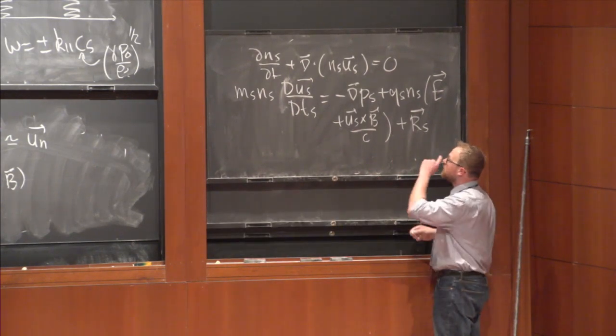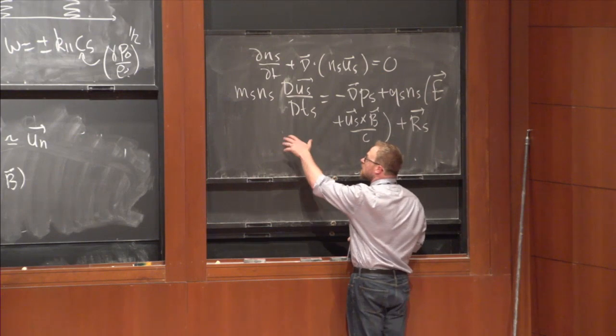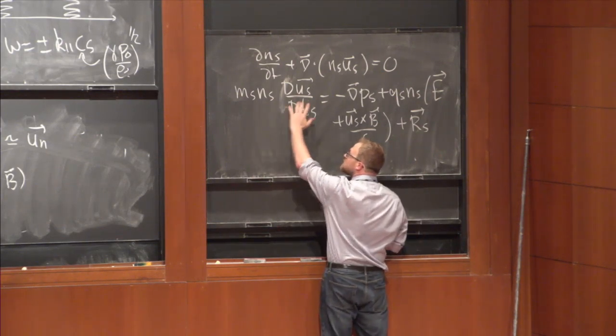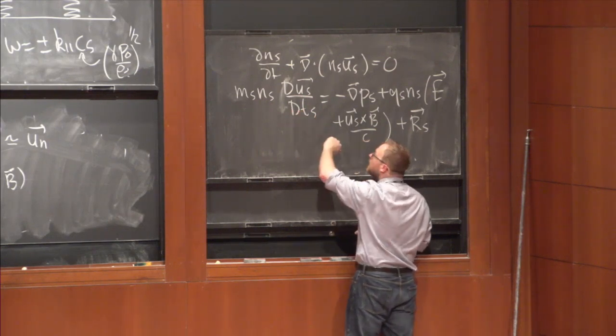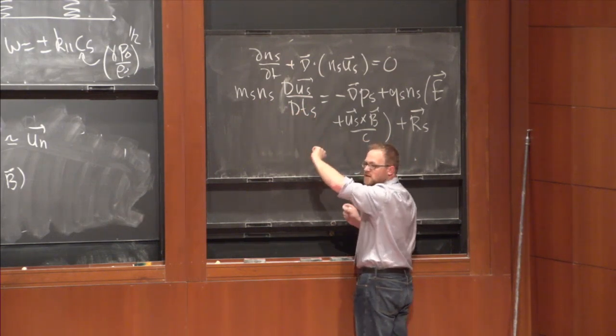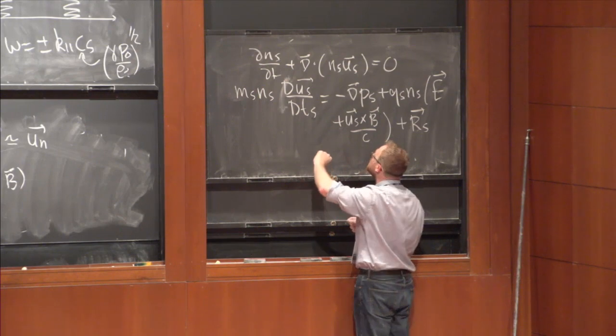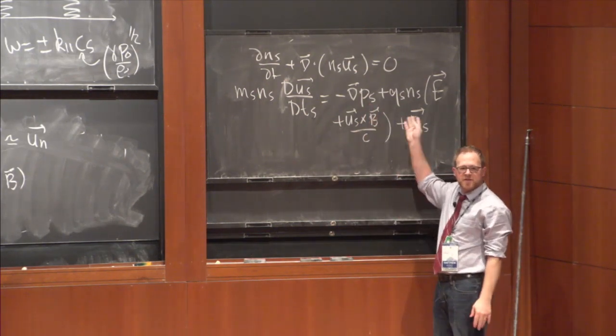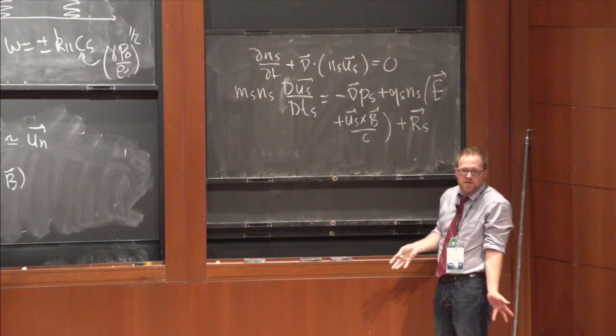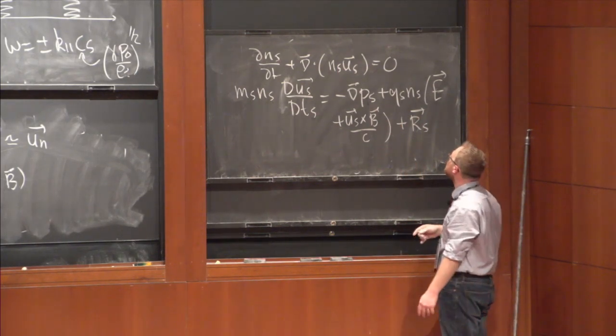So before I move on, let me say what I mean here: there is some species with some mass and some density, which has an acceleration, and that time rate of change is measured in the frame of that fluid element. Each fluid has its own pressure, which in this case I've written down as just a scalar, but it doesn't need to be a scalar, and I'll talk about that in the second lecture.